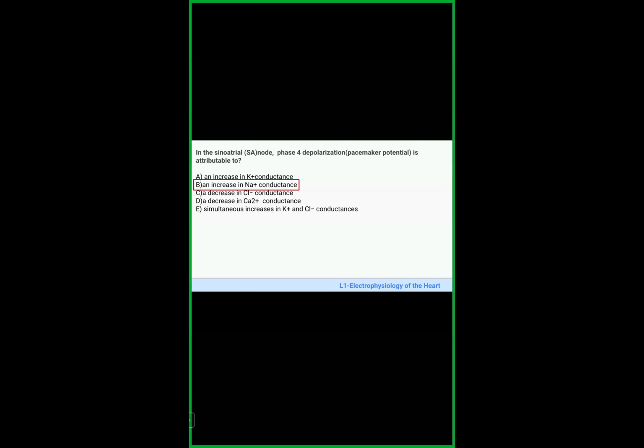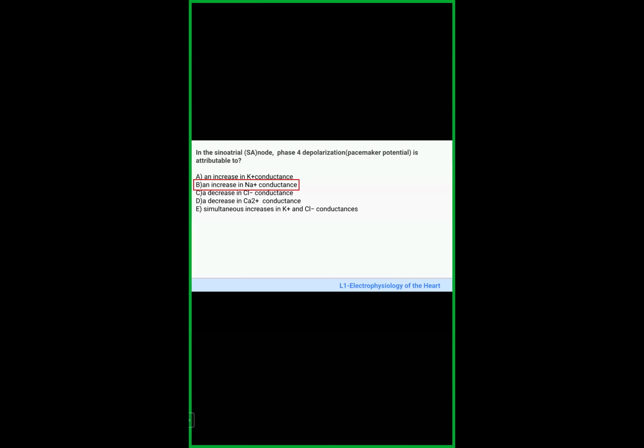Great. Good job, guys. The reason why it's B is because if we look at the phase 4 action potential in an SA node, we know that the depolarization phase is usually due to the L-type calcium channels, which open up and cause this depolarization.